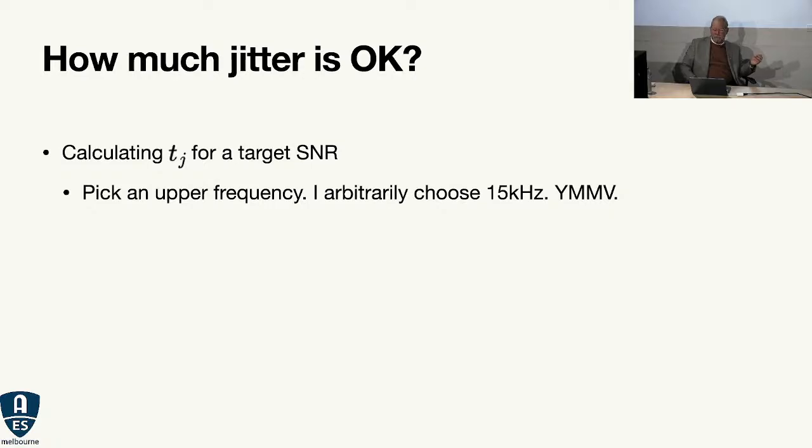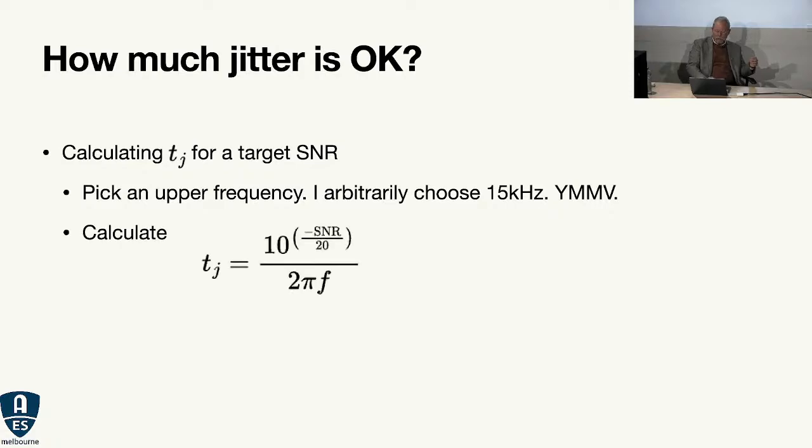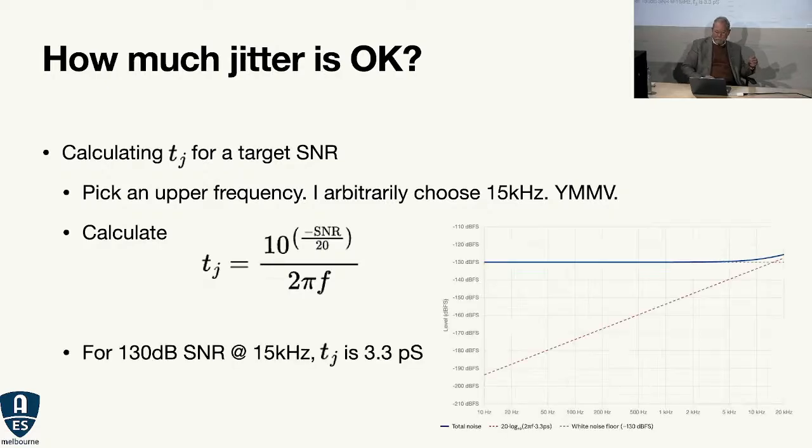Your mileage may vary, but it's a good place, I think, to start. So we do a little bit of math on that formula from before, and we get this number. At 15 kilohertz for 130 dB SNR, which is our target, the jitter needs to be 3.3 picoseconds.